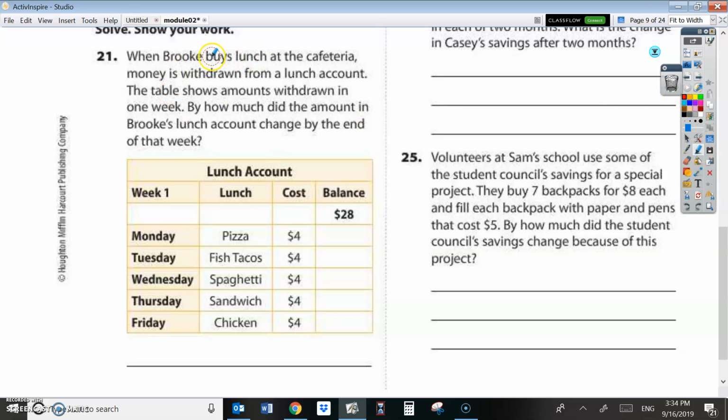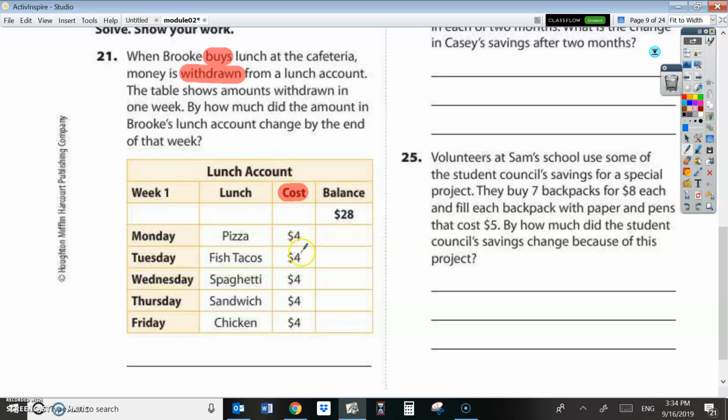When Brooke buys lunch at the cafeteria, money is withdrawn from an account. The table shows the amount withdrawn in 1 week. By how much did the amount in Brooke's lunch account change by the end of that week? So, these are all costs, and cost is a negative amount.